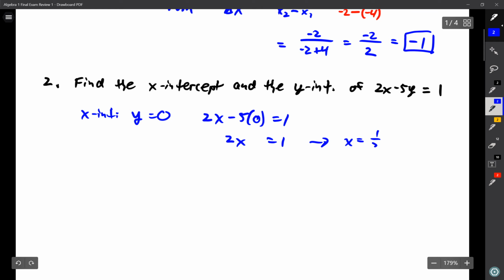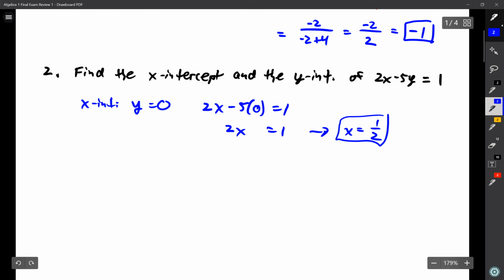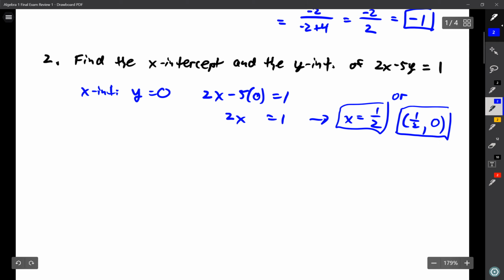So that is our x-intercept. You could write it just as x equals 1/2, or it might be a little bit more clear if you wrote it as the point 1/2, 0, as a coordinate, because that's just a little more clear. Oh, we're talking about a point. It's the point with an x value of 1/2 and a y value of 0.